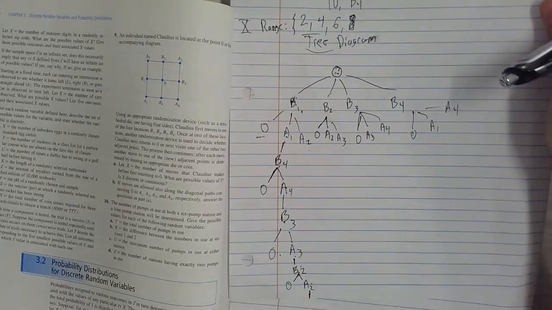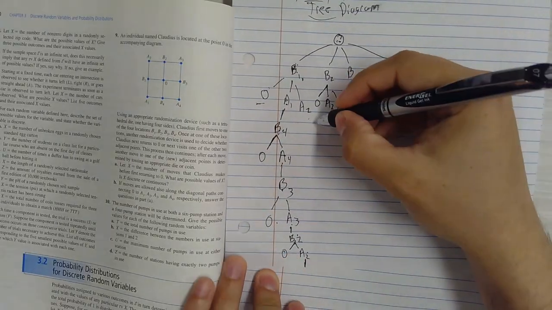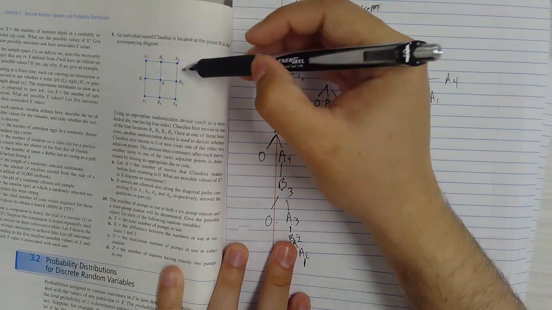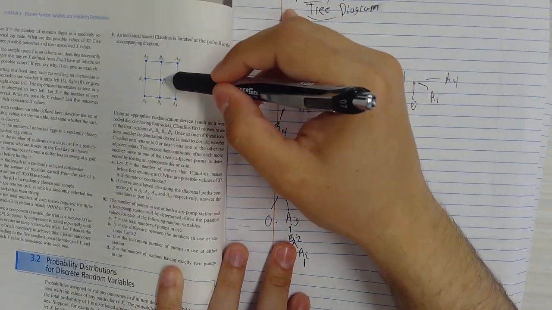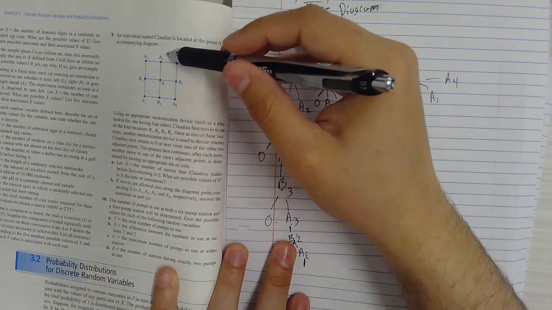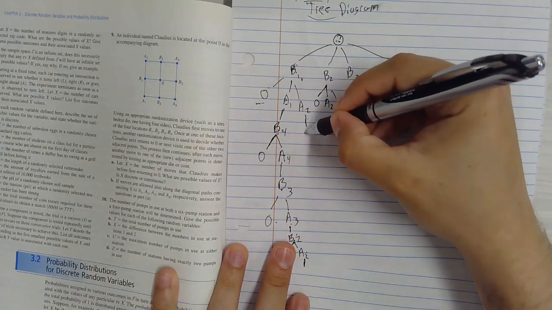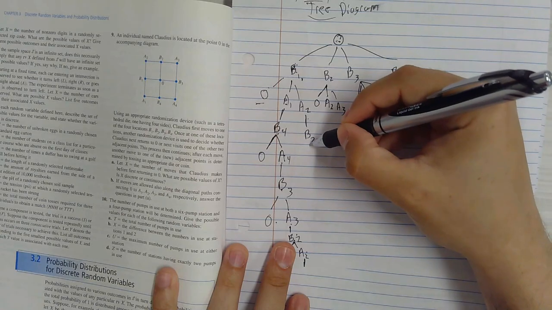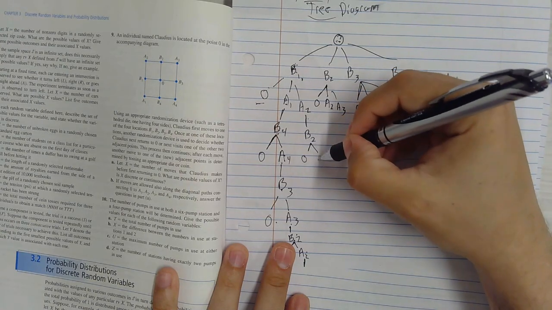Let's do A2. Let's see what we got. Okay, so we go from 0 to B1 to A2. And from A2, we're forced to go to B2. And from B2, we can go to 0 or A3.